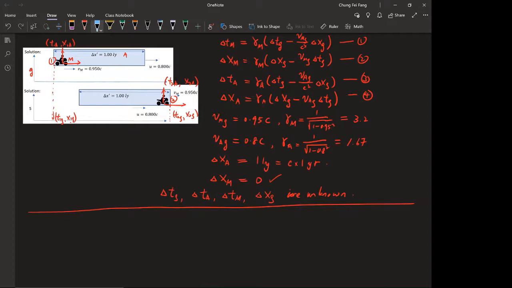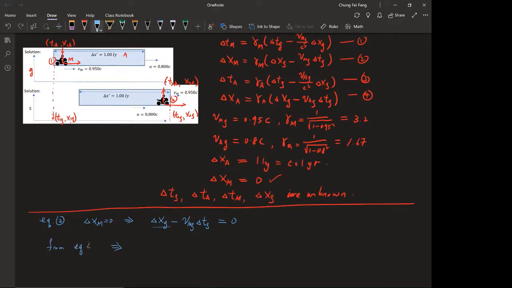So let me start from equation 2. Because delta xm equals 0, therefore delta xg minus vmg delta tg must equal 0 as well. But delta xg is also our unknown, so we need to solve for delta xg.